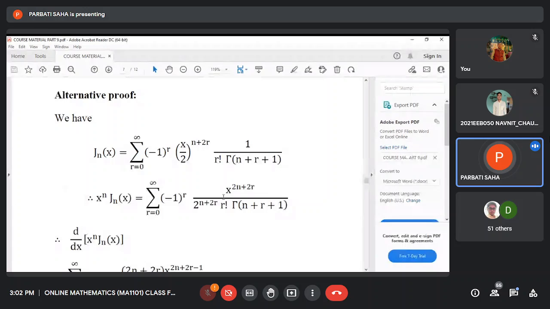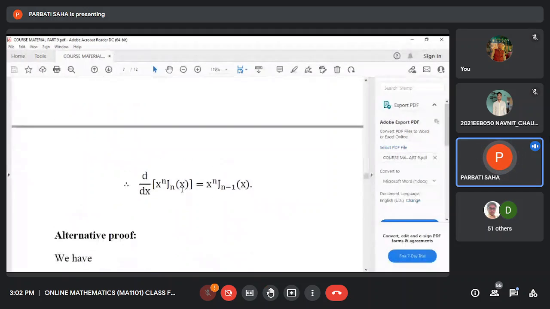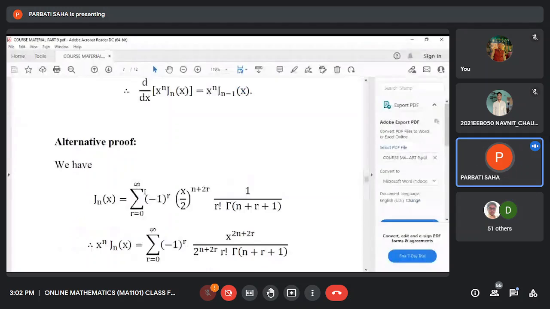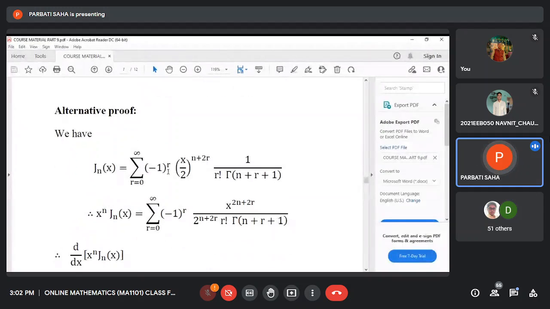Now x to the power n j n x will be differentiated with respect to x. That means we should multiply j n x by x to the power n. So it should be x by 2 whole to the power 2n plus 2r. Sorry, x to the power 2n plus 2r, if we multiply by x to the power n. But the denominator is 2 to the power n plus 2r.